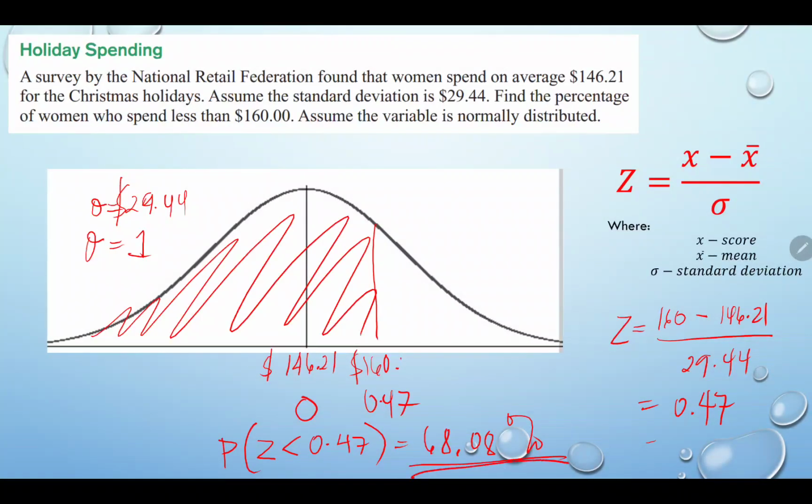So that's how it is. It's easy, we just look at the table because it is to the left. Less than. What we only need here is to use this formula.